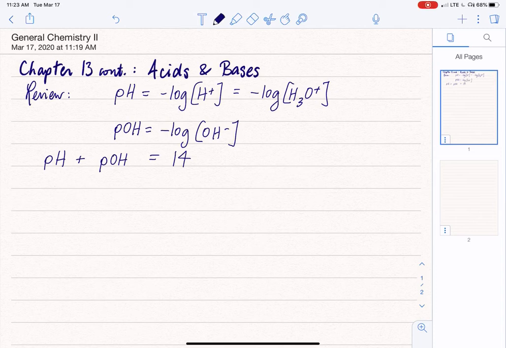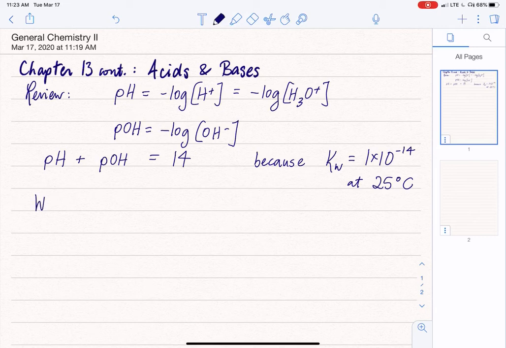So because of that, if you have one, you always have the other. Okay, so this is a result of the fact that we have the water dissociation constant Kw being equal to 1 times 10 to the minus 14 at 25 degrees Celsius. So all of that stuff should be reviewed. You should have it in your notes from before all of the chaos descended.